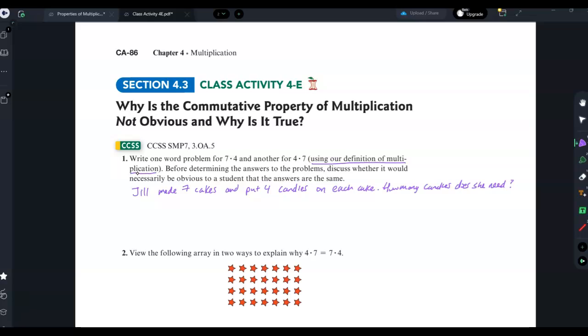So that's the one that I came up with. Which one is this? Is this 7 times 4 or is this 4 times 7? In this case, the groups would actually be the cakes, right? And then there are 4 candles in each group, or on each cake. So this is the groups and this is the objects per group. So this would be 7 times 4, not 4 times 7. So this is a problem for 7 times 4.